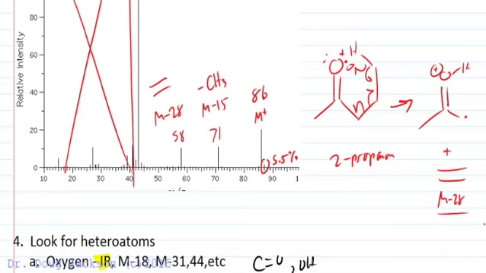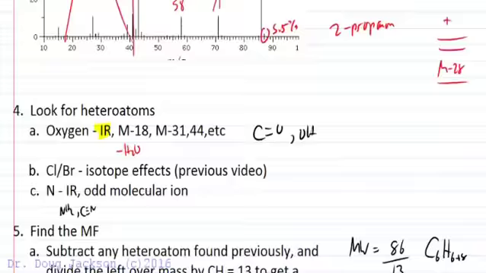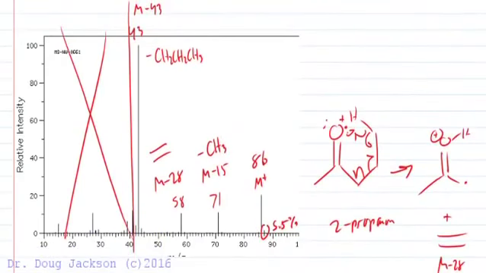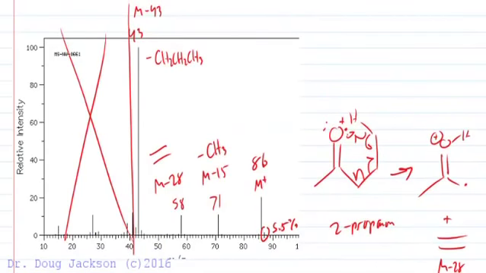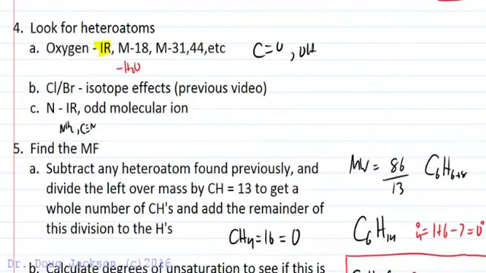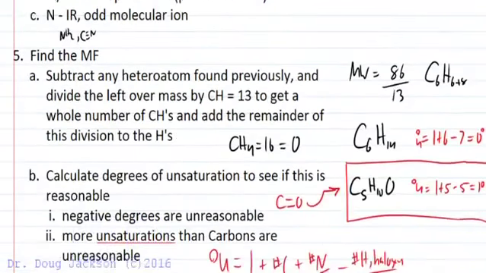Okay, and so we'll talk more about rearrangements and cleavage mechanisms in a different video. But that's how we generally analyze a spectrum. We go through our steps. We label everything with the molecular ion and the high mass peaks, venture a guess at the fragments, and then we look at the evidence for heteroatoms in the IR, the fragment patterns, and the isotope patterns.